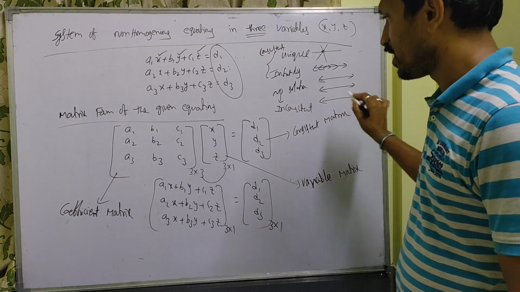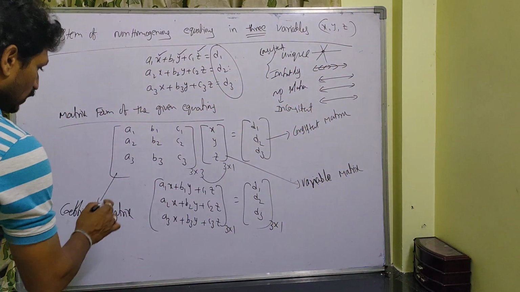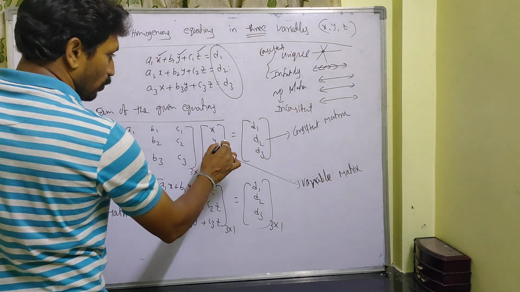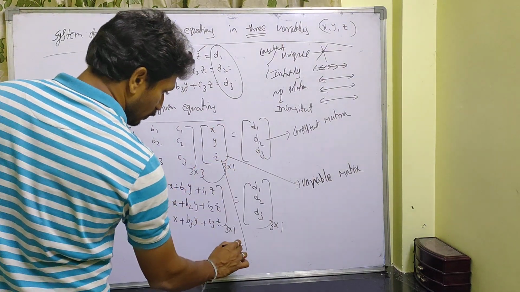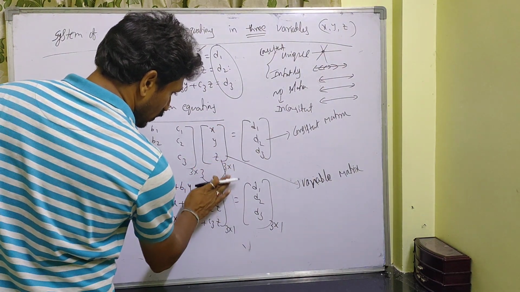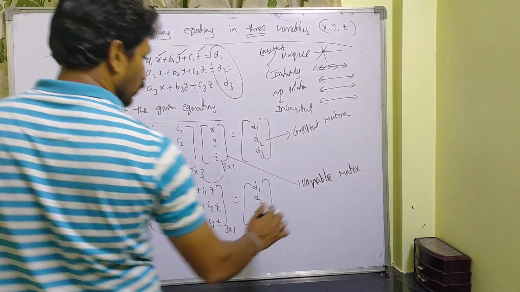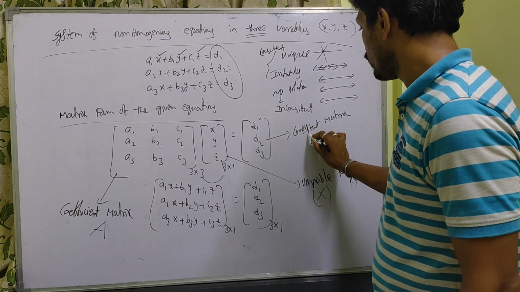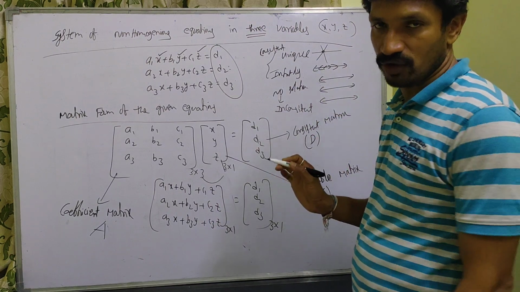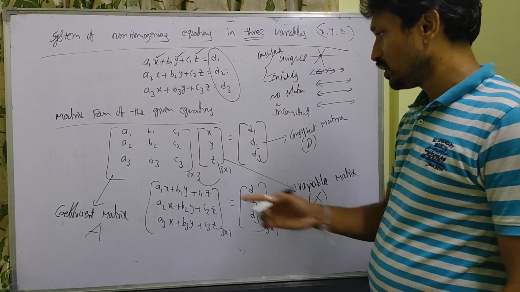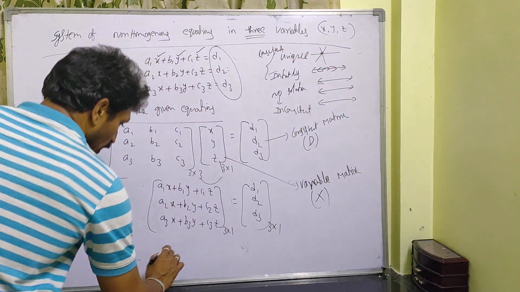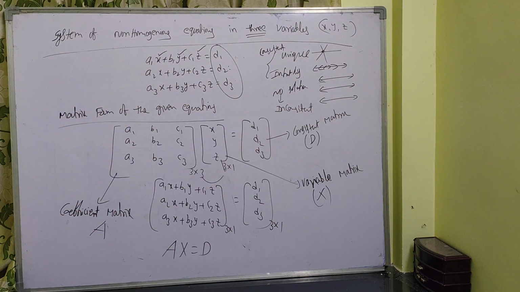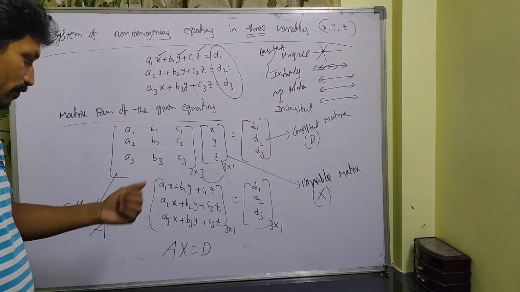Generally, the coefficient matrix is denoted with A, and this variable matrix is denoted with X. This constant matrix is generally denoted with D or B, whatever you can write, no problem. So totally this is nothing but AX is equal to D.